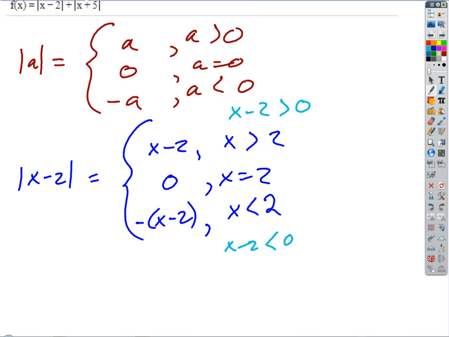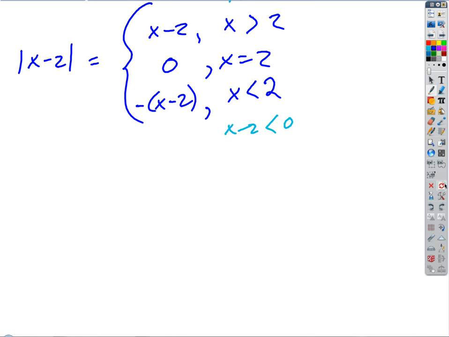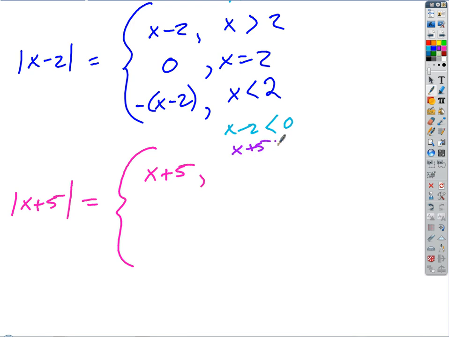Now we've got to do the absolute value of x plus 5. It just equals plain old x plus 5 whenever x is greater than what? -5. Everybody see why? Because it would be when x plus 5 is greater than 0, if I subtract 5 from both sides.